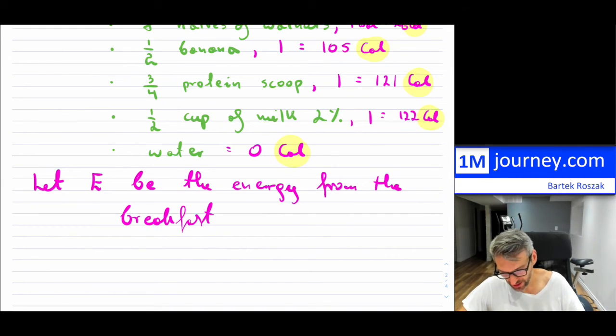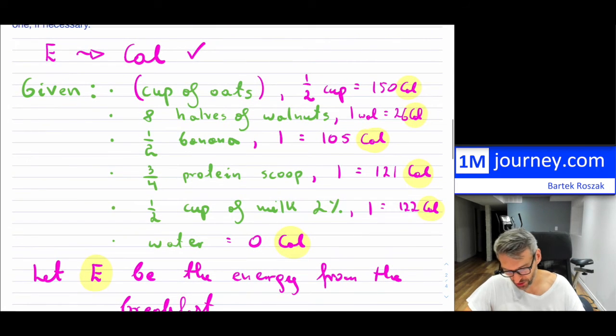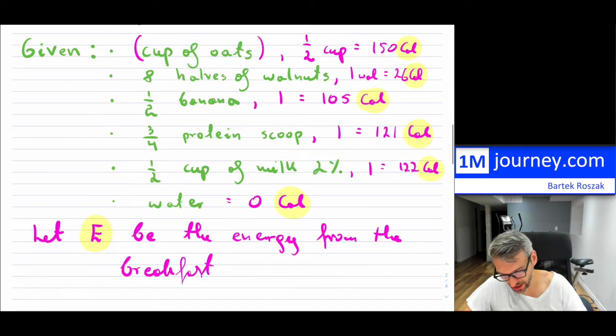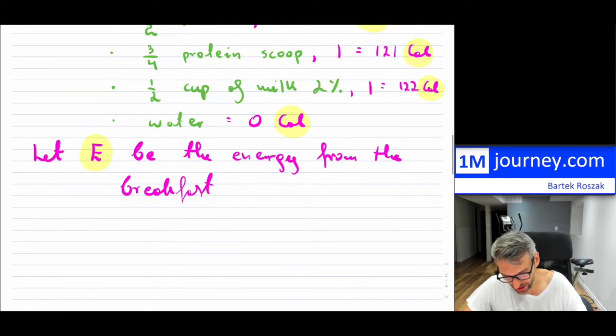That is just to let whoever is reading this know exactly what you're trying to solve for. So you just have like a let statement. Sometimes people call that, but it doesn't matter. You don't have to use let. You can just say E, just to remind anybody who's reading what it is that you're trying to solve for. Now I'm going to try to create this.